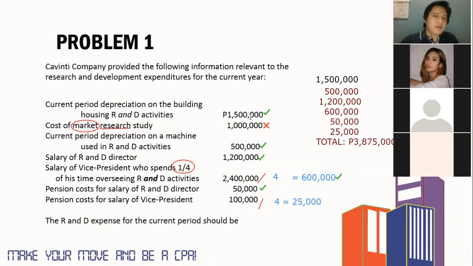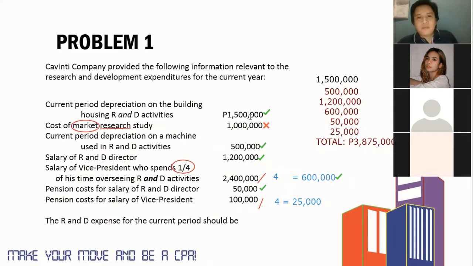So, ibig sabihin, if this is the cost of research and development activities, okay, this would be an outright expense for the period. Okay? Pero remember our discussion before, we have to know whether is this before or after the commercial feasibility and technical feasibility.